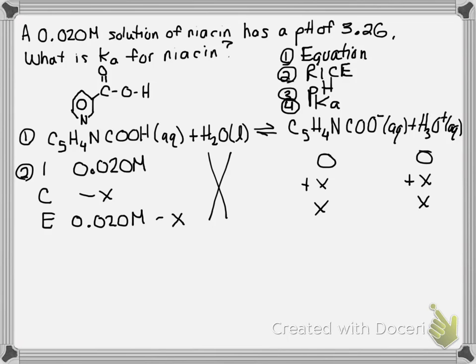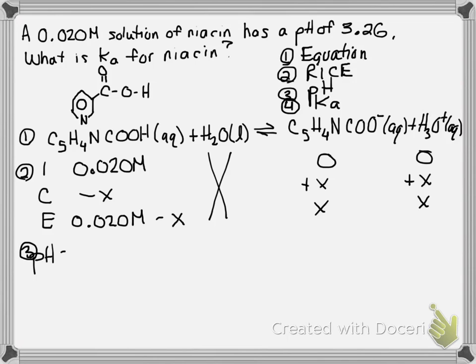If you had pure water, of course, it'd be 1 times 10 to the negative 7 molar, but that's very, very small. That's just 0. The change would be plus x for both of those. 0 plus x is just x for the equilibrium. So you've written all this regardless of what you're even solving for, right? This is just a setup. You write the equation, you evaluate what you know, and fill in your RICE chart.